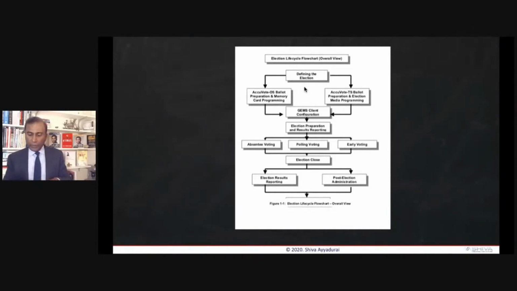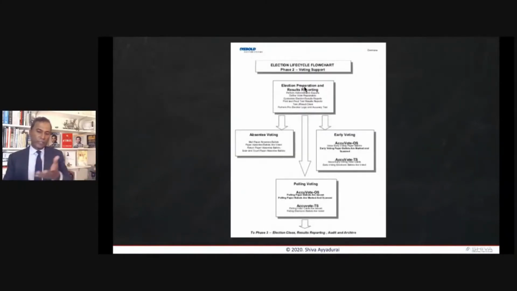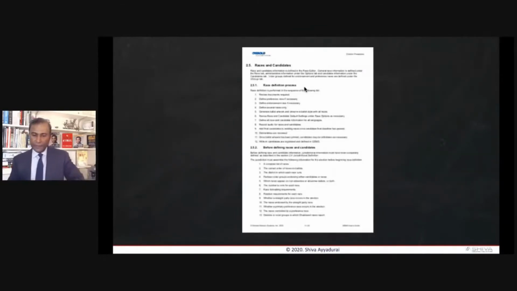These systems let you define the election. They have administrative panels and a user interface to set up the voting systems and how to print it, as I'm showing with these flowcharts, how to finally close out the ballot, how to archive the data, how to audit the process too. They save audit logs of all of this, okay? So all of this is stored in these very interesting systems called election voting systems, all right?